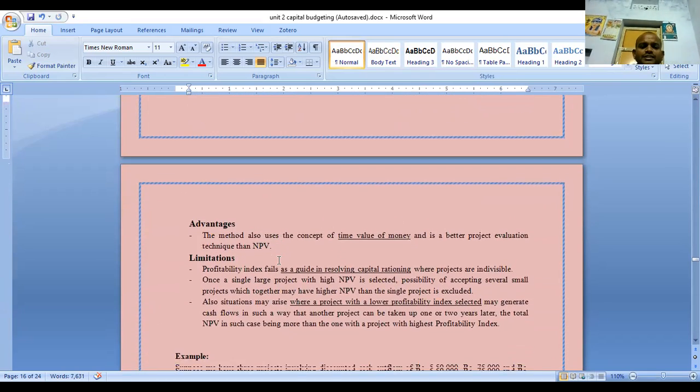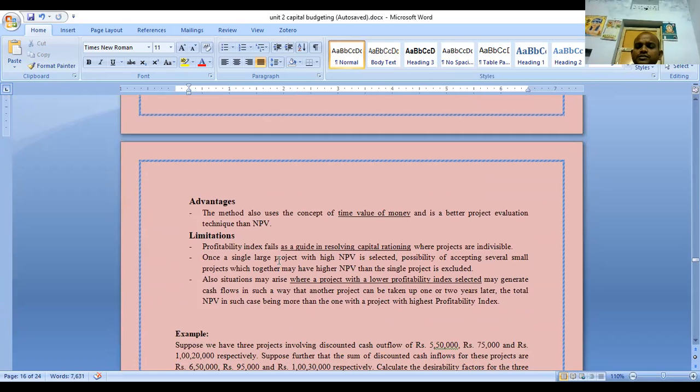So what are the advantages and limitations of the profitability index? Advantages: the method also uses the concept of time value of money. Limitations: it fails as a guide in resolving capital rationing. So what is capital rationing? If you have 100 crores, how are you going to invest those 100 crores in different projects?